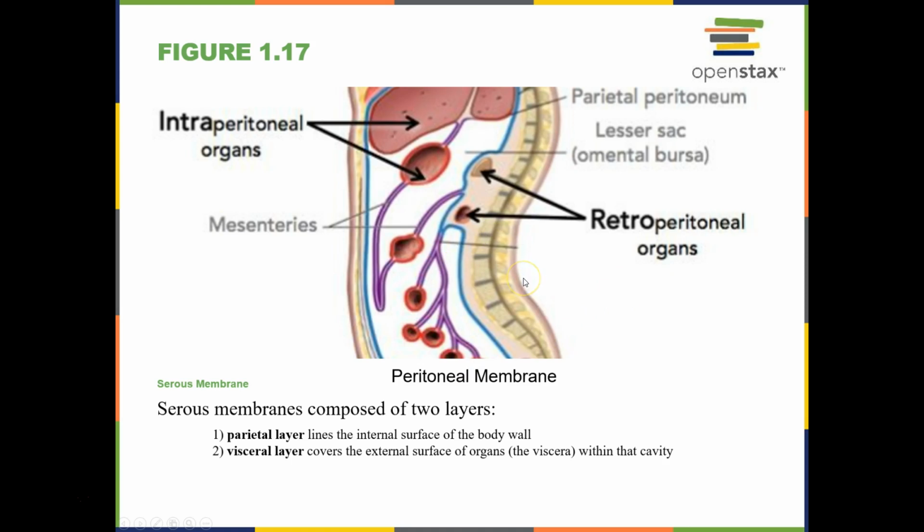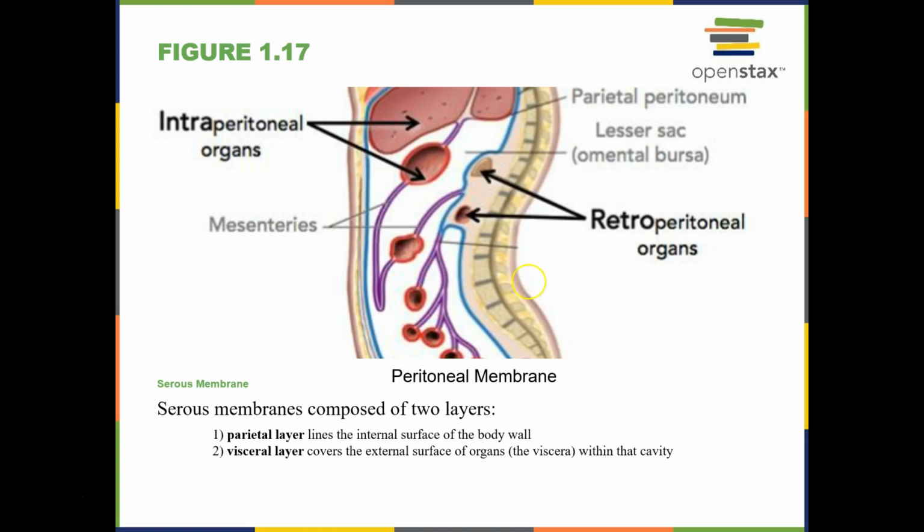And then surrounding your abdominal pelvic organs, we have the peritoneal membrane. Some abdominal pelvic organs do not have a full peritoneal membrane surrounding them. Some are only partially covered, and so those are known as retroperitoneal organs.